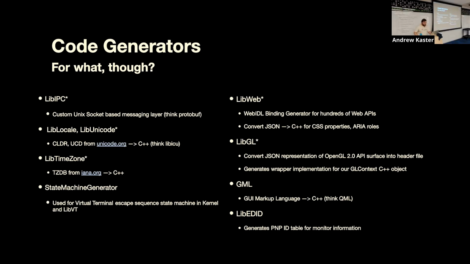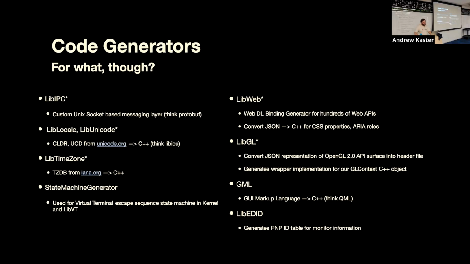We've got a state machine generator that's used as part of the terminal. And then I believe there's over 800 IDL files, so this interface description language, that are part of the web browser. And we generate bindings for all of these classes that we have for JavaScript to use.